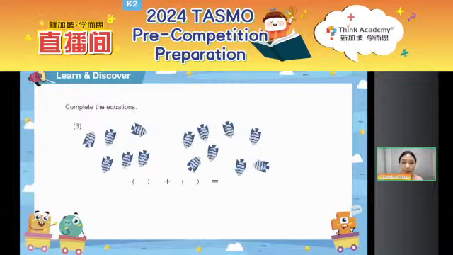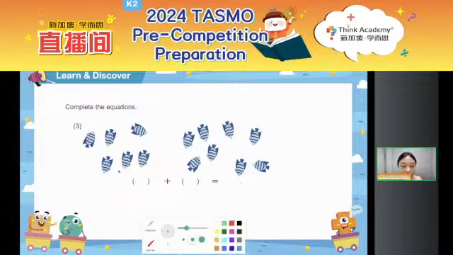And then how about this? How many fishes are there? This time what we need to do is see that we have 2 groups of fishes, right? And on the left, how many fishes are there? Can you type in the chat box?